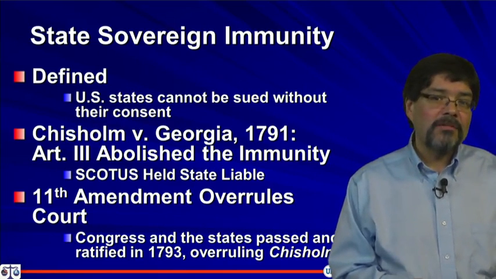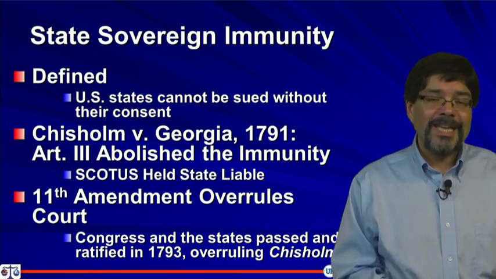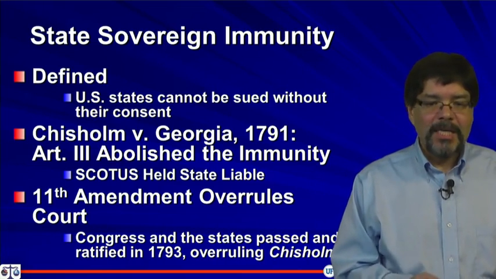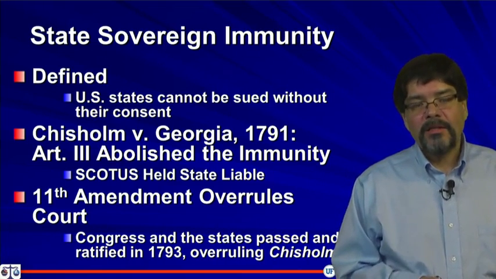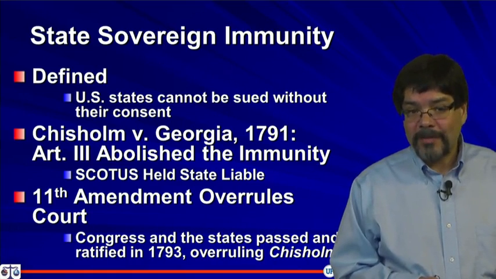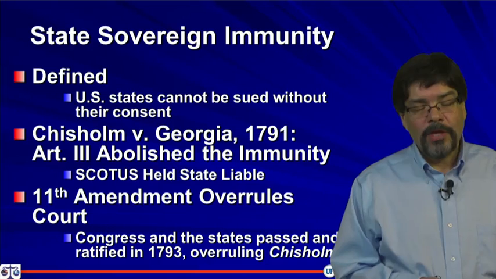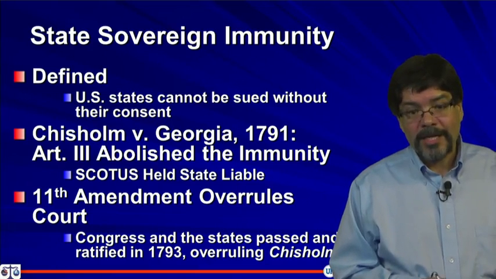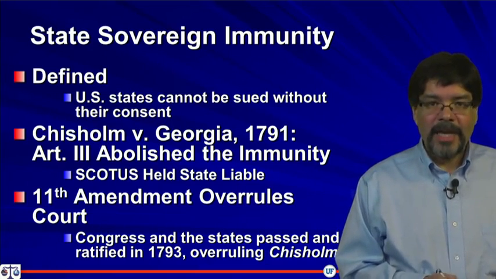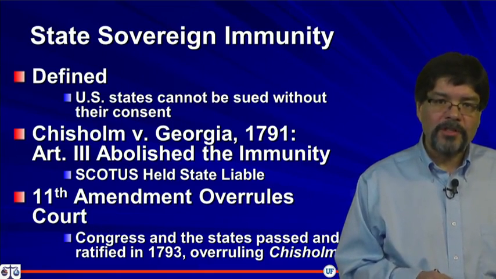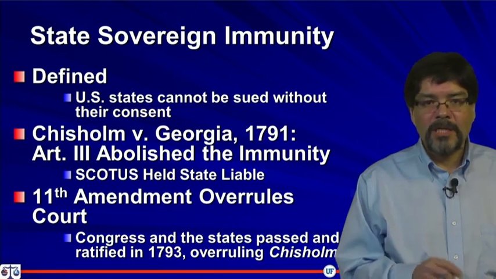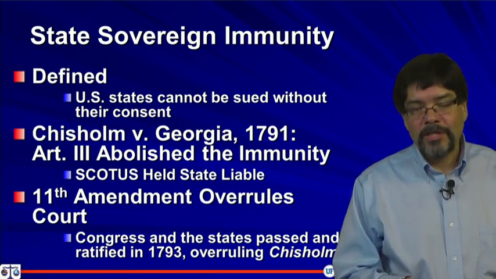So that meant that states could in fact be sued in the federal courts. The response by the legislature was very quick, and by the states was very quick. The 11th Amendment was passed and ratified, and in fact that returned us to sovereign immunity, meaning that states cannot be sued without their consent.